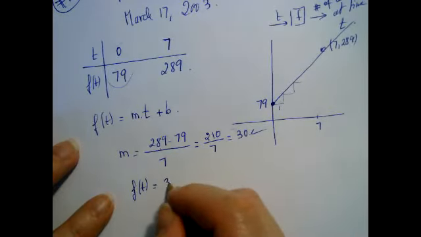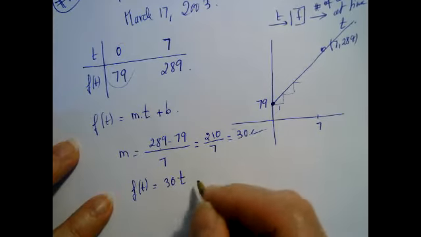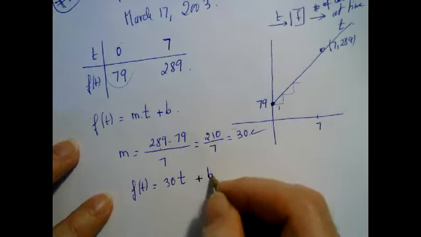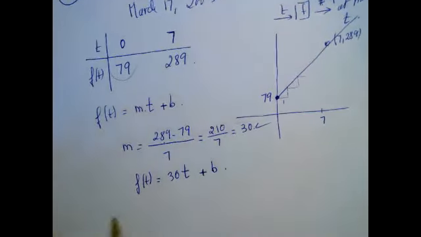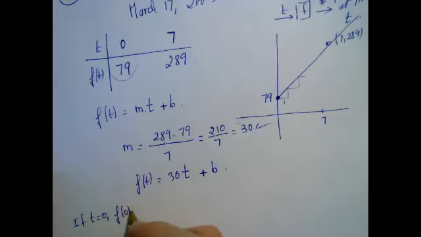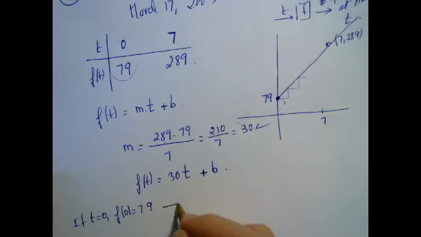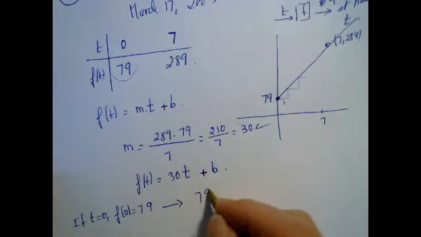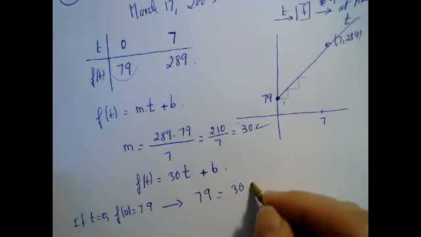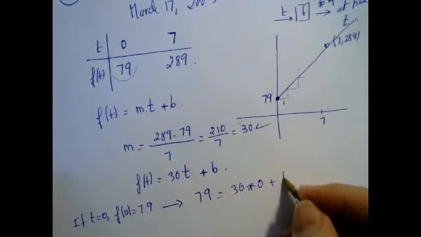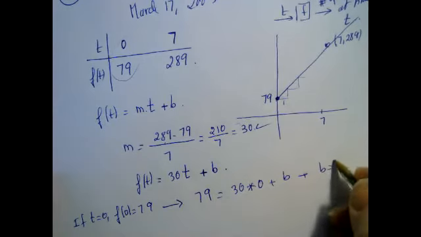So F of T is 30T, suppose we forgot it, plus B. So that's really the rule. And now I say, okay, if T is 0, the value is 79. It means if I plug in, 79 is 30 times 0 plus B. B equals 79.